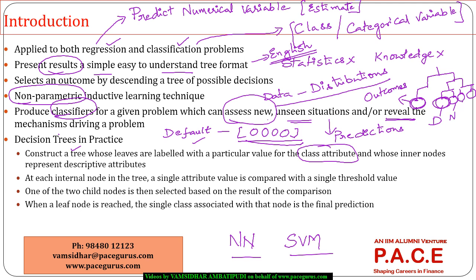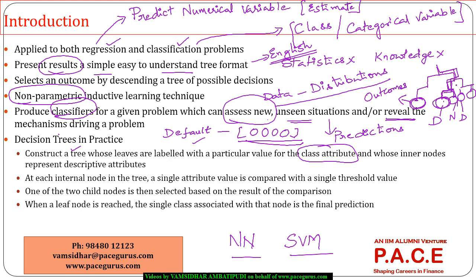This is no default. This is default. Whereas this default is actually the rules for this particular default are these different criteria. So if a person is falling into all these criteria, then we can say that he can default. Whereas if a person is falling into this criteria, then he may not default. So that's how the whole tree is getting built.